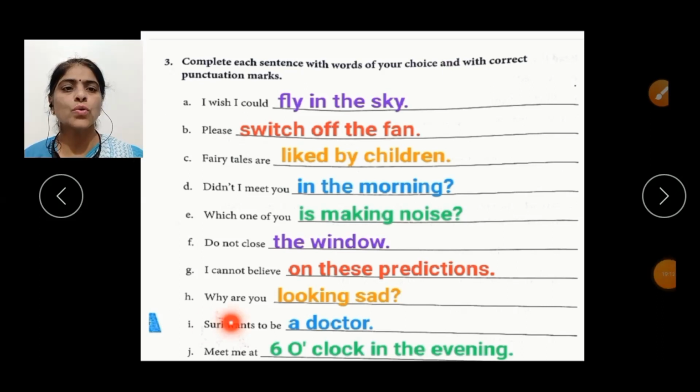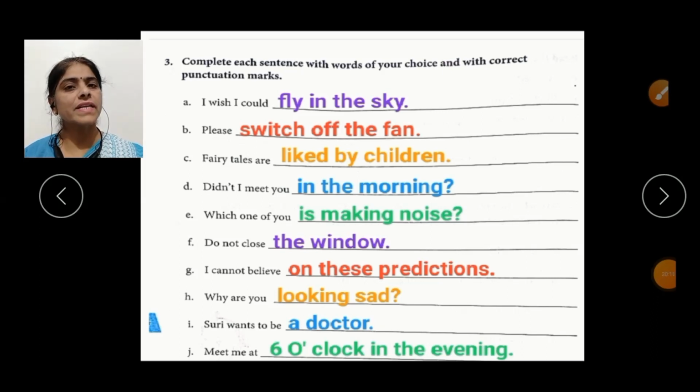After that, Suri wants to be a doctor. As a desire is associated with this sentence, so it is a declarative sentence. Let's have the last one. Meet me at 6 o'clock in the evening. As this sentence gives instruction, so this is an imperative sentence.